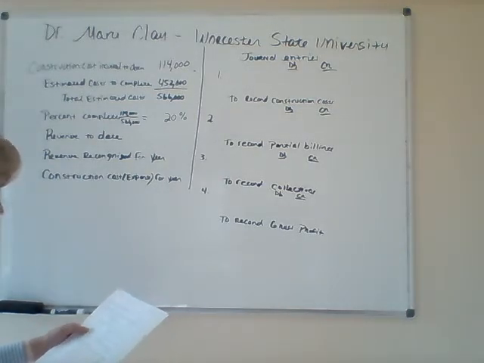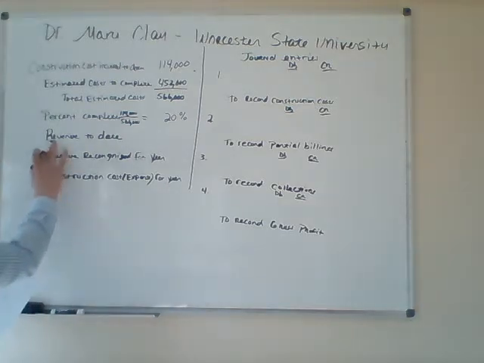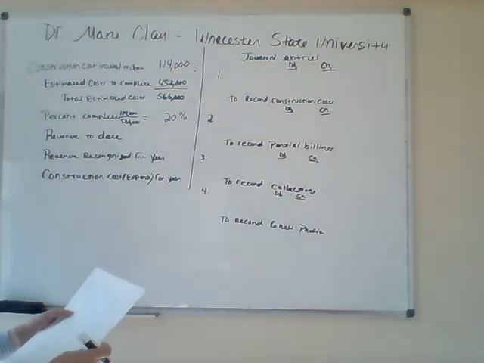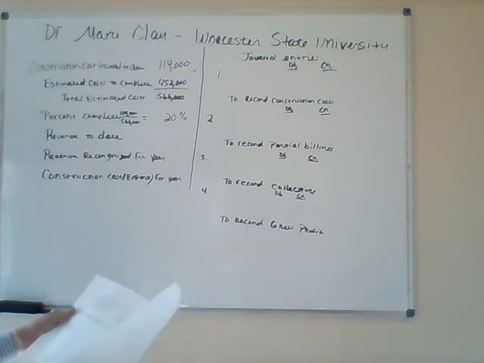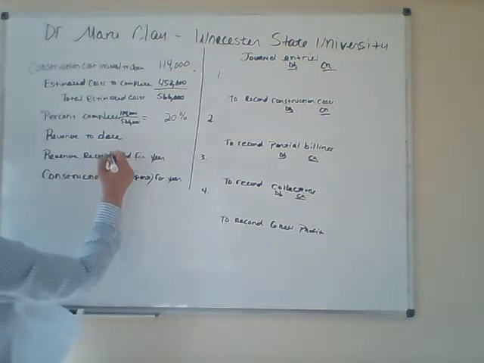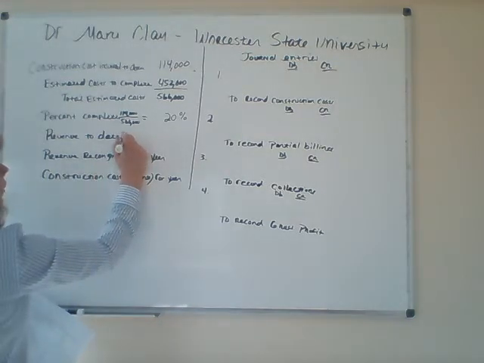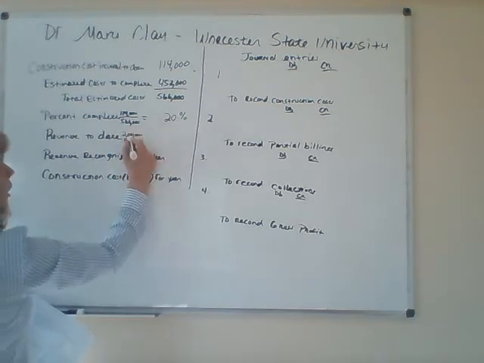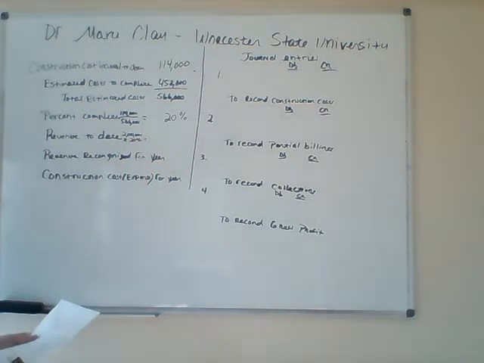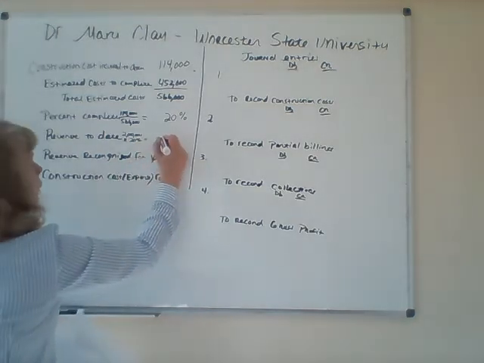Okay, next thing. You will have the revenue to date. All right, so here's how you're going to get that. You are going to take the total contract price, which is $2 million, and you will multiply it by the percentage that you figured. Okay, so 2 million times 20%, and that will be 400,000.